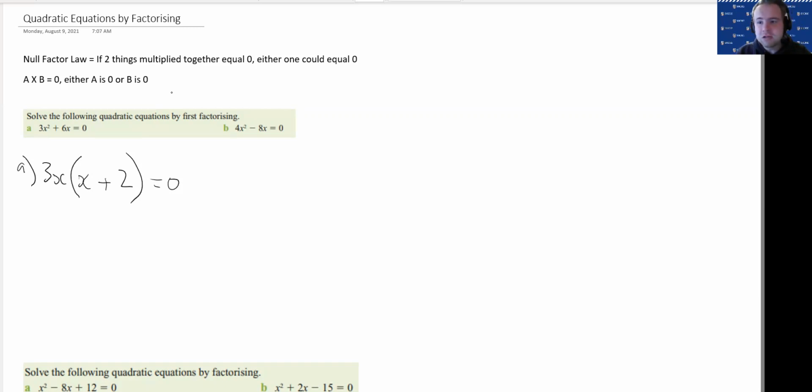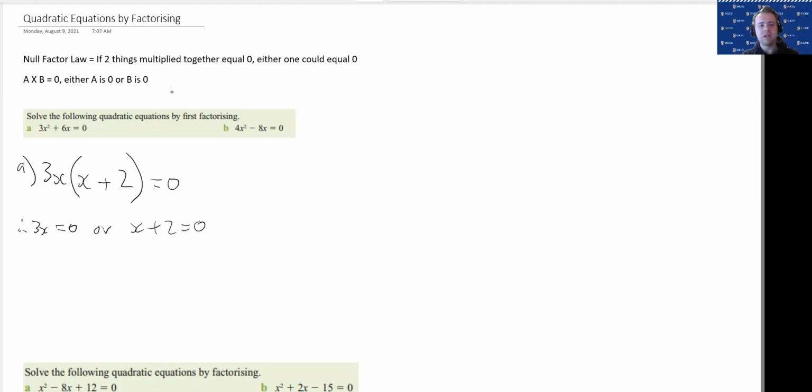And we have this interesting thing here. So either 3x equals 0, remember we're timesing 3x by x plus 2, or x plus 2 equals 0. Either of those can be a valid solution. So therefore 3x equals 0, and then we're going to write or x plus 2 equals 0.